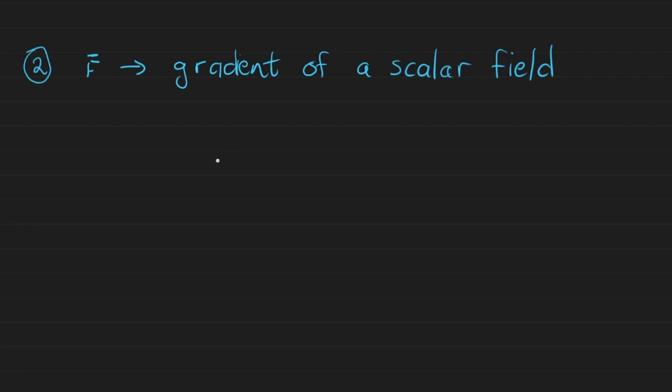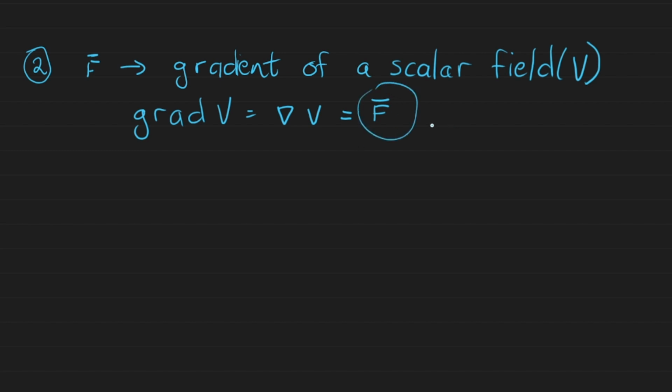So if we can write f as the gradient of a scalar field, it would mean that it's a conservative vector field. Let me explain what that means. Let's just say we have a scalar field v, and then we take the gradient vector of that scalar field v. So we take grad v, and of course, the symbol for that is nabla. If that gradient vector is actually equal to the vector field that we are considering, it means that f was a conservative vector field.